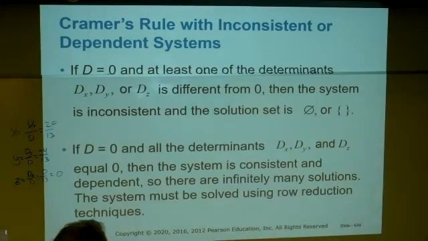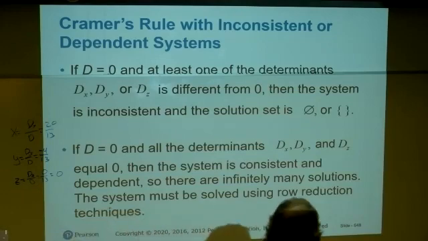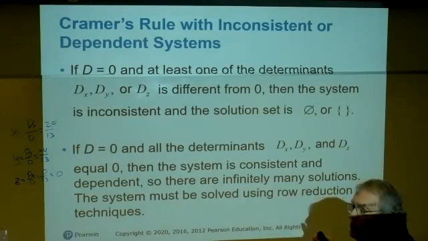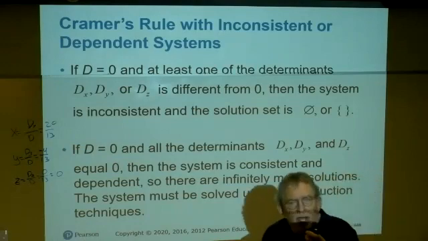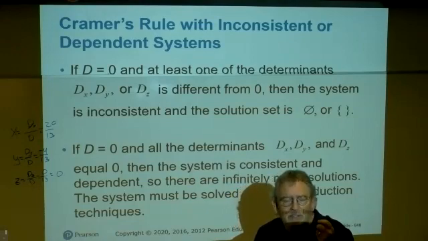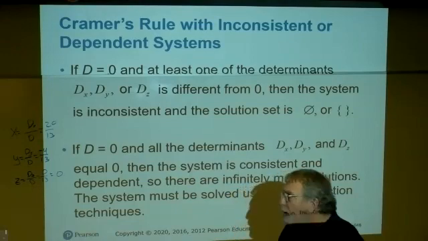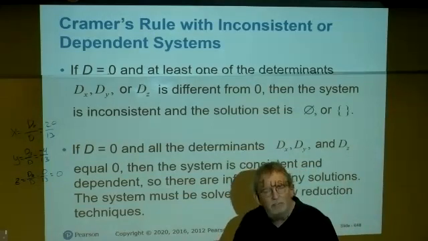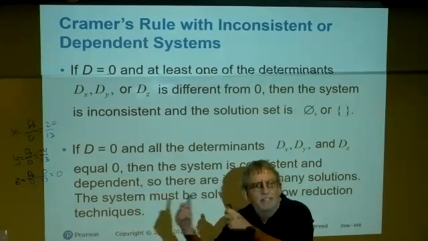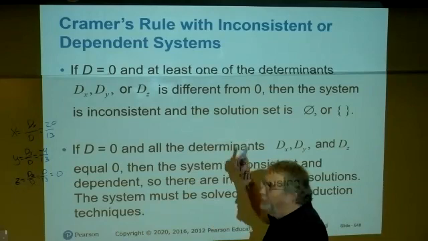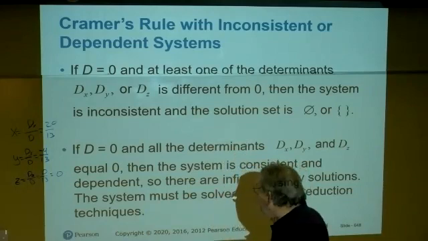Now, for an inconsistent or a dependent system, an inconsistent system means you have no solution. An inconsistent is no solution. Now, to have a dependent system means you have an infinite number of solutions. So the system is consistent because you get solutions, but you get an infinite number of them, or infinitely many.